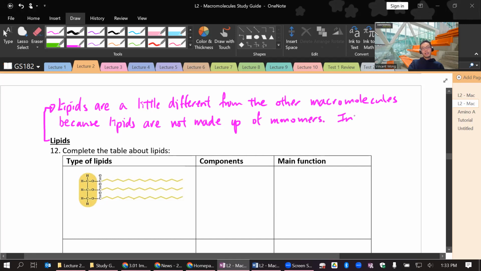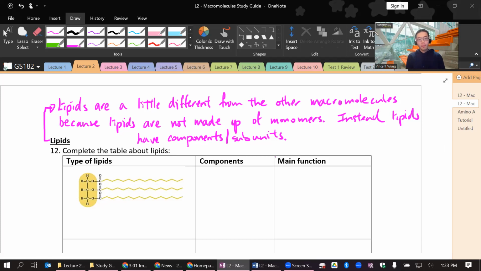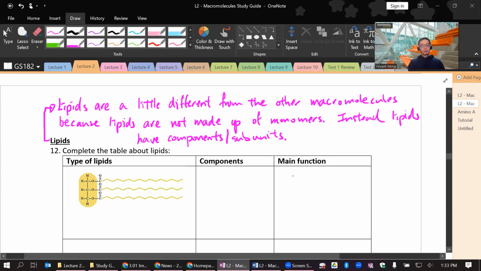Instead, lipids have components, or sometimes they're called subunits. So no monomers. It's not like a long chain of something, but more like different components coming together to form the molecule.